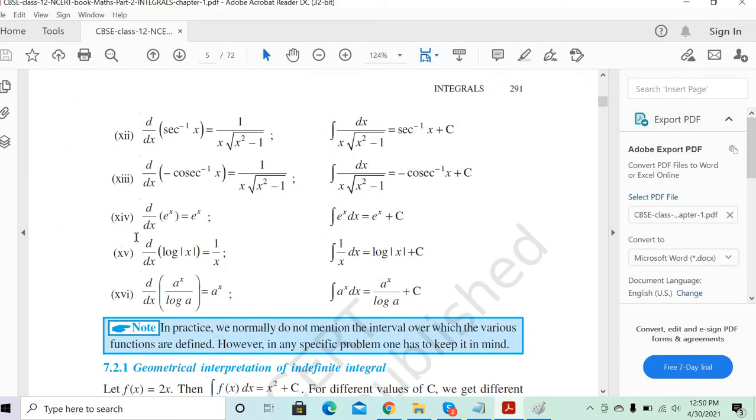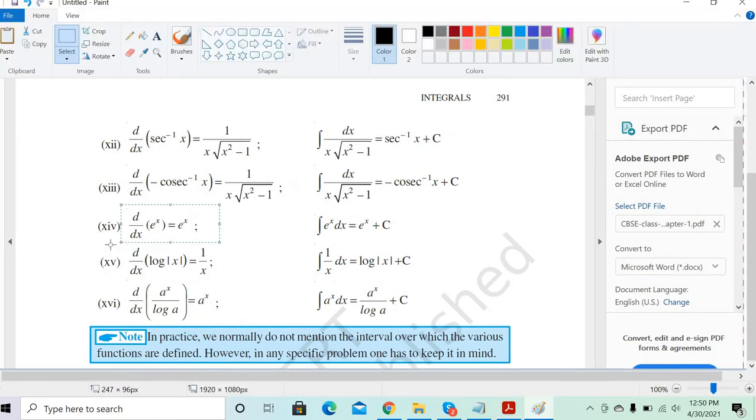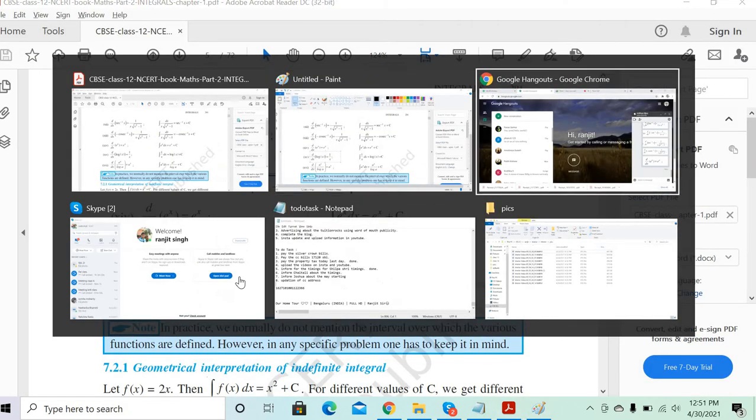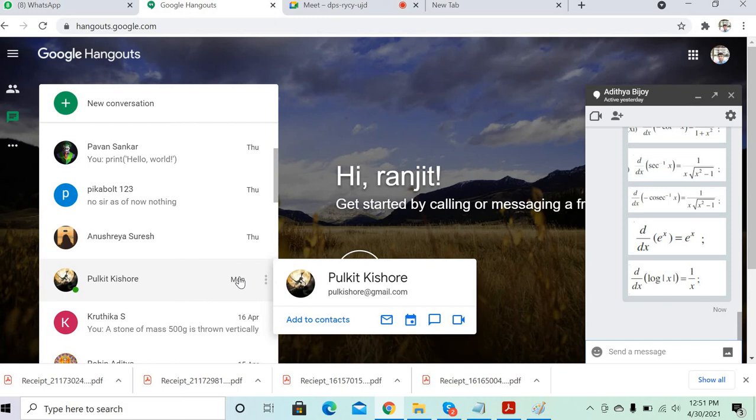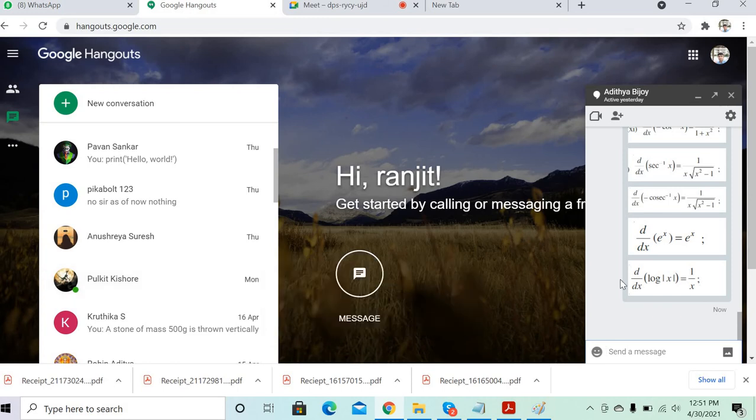Now let's go to the 15th one. It says integration of log x. What is the differentiation of log x? It's 1 by x. That's the standard, with the absolute value of x, because x cannot be negative, so x has to be positive.